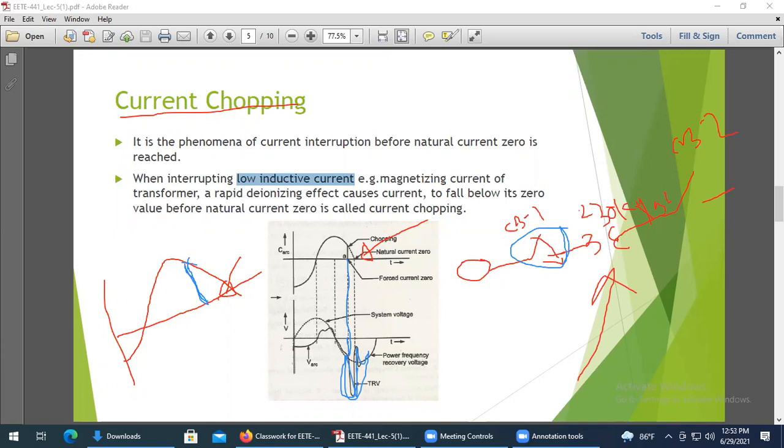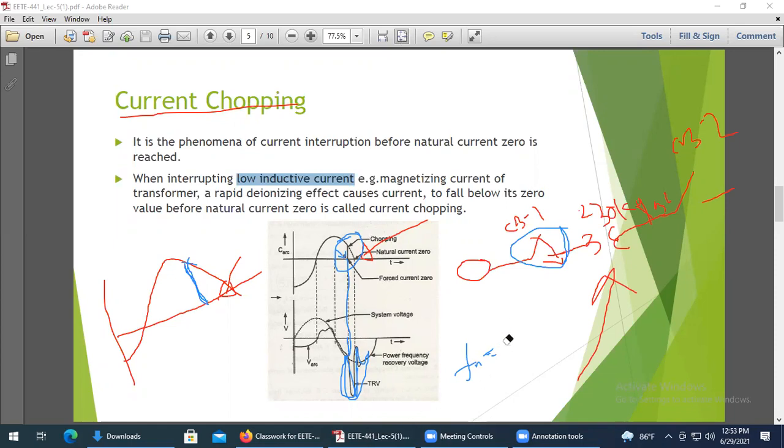The frequency is not changed. Due to this current interruption, or this electric arc interruption, we are considering that the interruption process made the electric arc zero. Now whenever the electric arc extinguishes, before the normal system voltage appears, a high frequency TRV will appear there. As this current is purely inductive current, the frequency of the TRV will be very, very high.